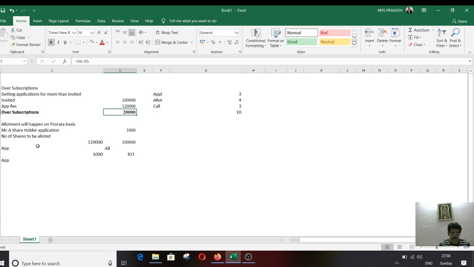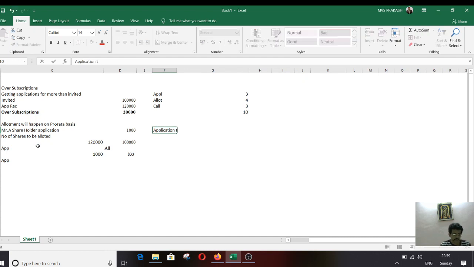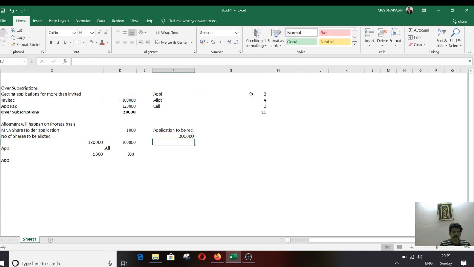Whenever there is an over subscription, we need to prepare a table. What table? Application. Here we are considering the amount of application money to be received, not received, to be received. What is the application money I have to receive? 1 lakh into 3 rupees per share, so I need to receive 3 lakhs.